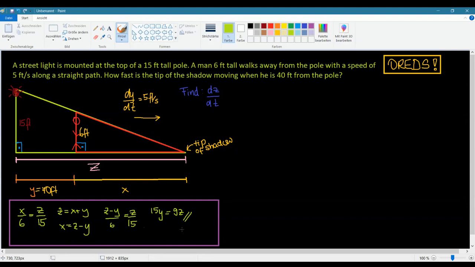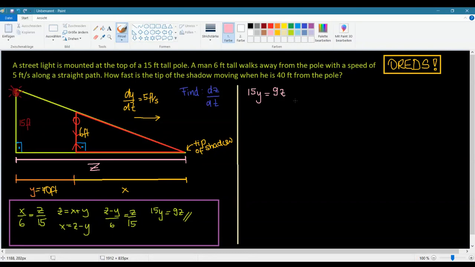But now, this is actually very important. I have no idea why I was going to skip over that. It's like the main point. What we're going to do is take this equation right here, 15y equals 9z.